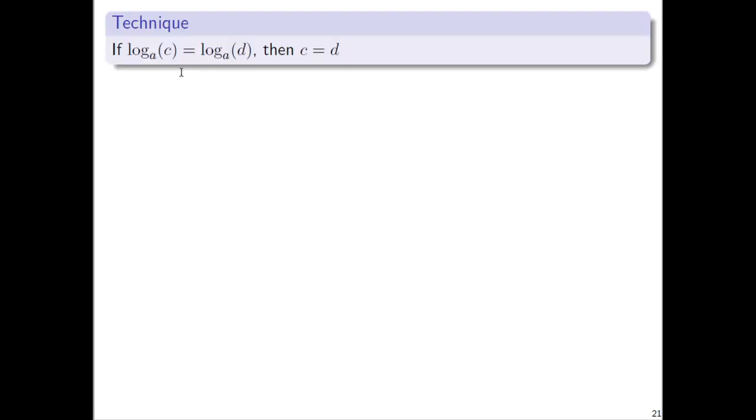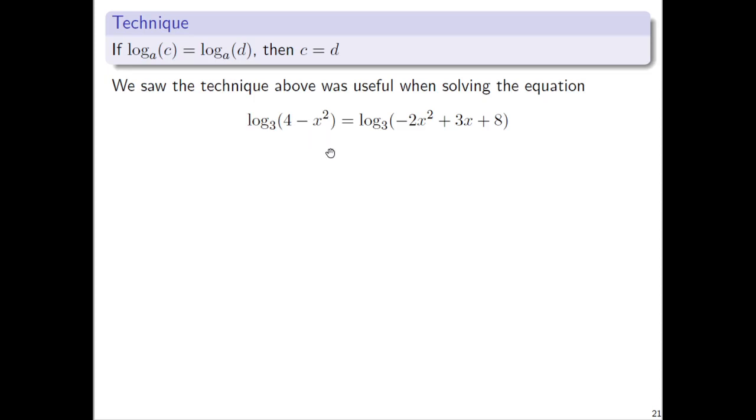Earlier there was this technique that we haven't been applying in the problems we've just been looking at: if you have a single log on each side of the same base, you get to set the inputs equal. And we saw, in fact, a moment ago in the previous part that this technique is useful when solving the equation log base 3 of 4 minus x squared equals log base 3 of negative 2x squared plus 3x plus 8.